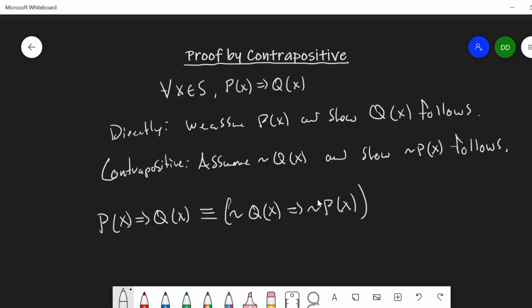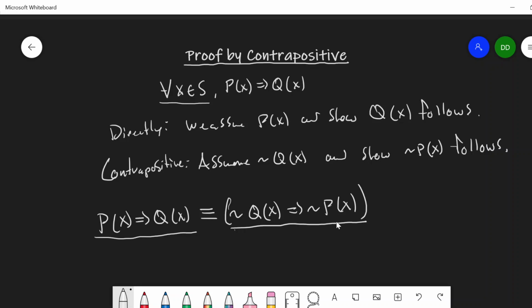They share the same truth value for all possible truth values of their underlying statements. And so if I can show this is true, then this must also be true because they share the same truth value. So this offers us another way to prove statements like this, implications, and in particular universally quantified implications, by instead proving their contrapositive.